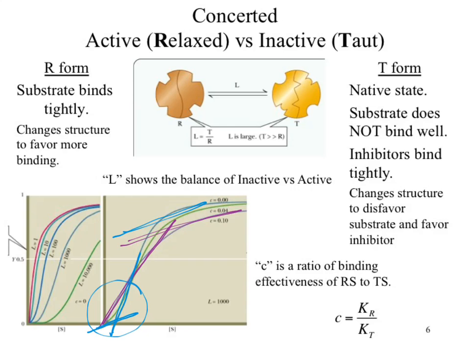If we have a very small Kr, what we're saying is the substrate doesn't bind to our R form very tightly. Okay, well, if it doesn't bind very tightly, we aren't going to get a whole lot of change in that one way or the other. Okay? Kt, so that means as we bind more substrate, there's no binding affinity. So as we put on more, there's still no binding affinity.